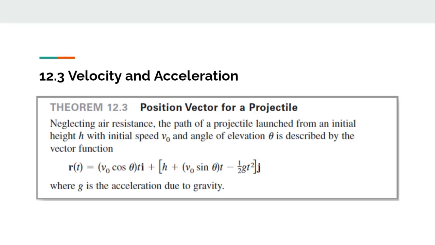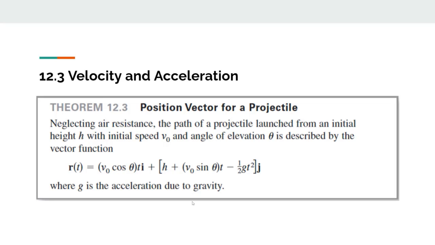And then we integrate that twice with the proper initial conditions, that being the speed in the y direction and the height in the y direction. That's where the v naught sine theta comes from. This is the initial speed in the y direction, and this h is just the initial height.